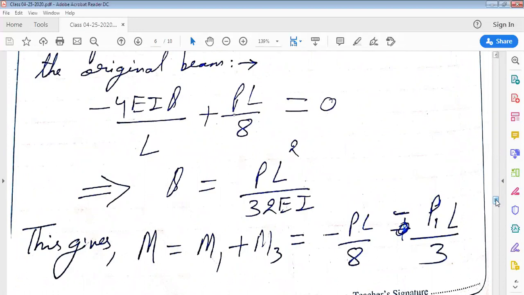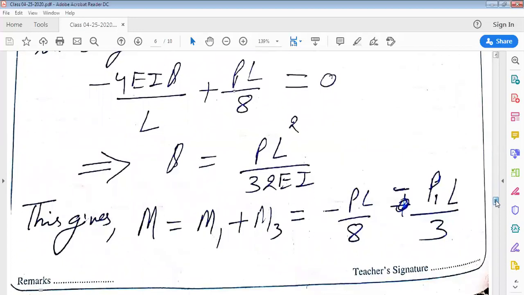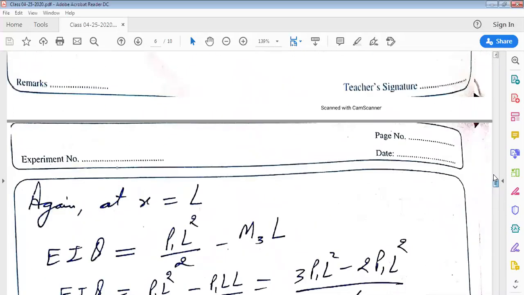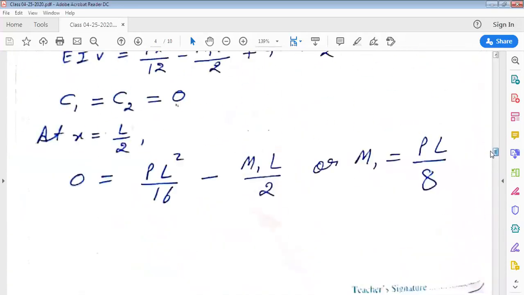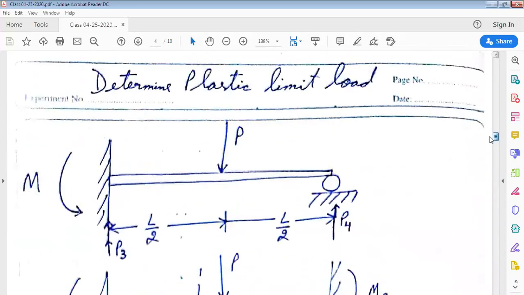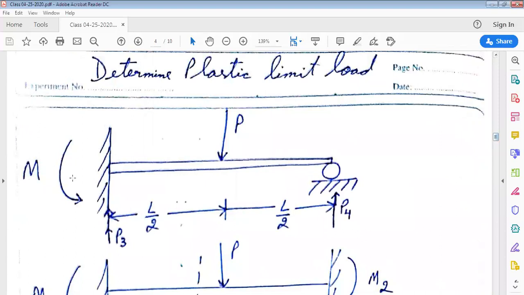Right? So this gives, now this gives us the value of theta. But we are interested in finding out how much would be this capital M, which is the bending moment at the left end of the original beam.